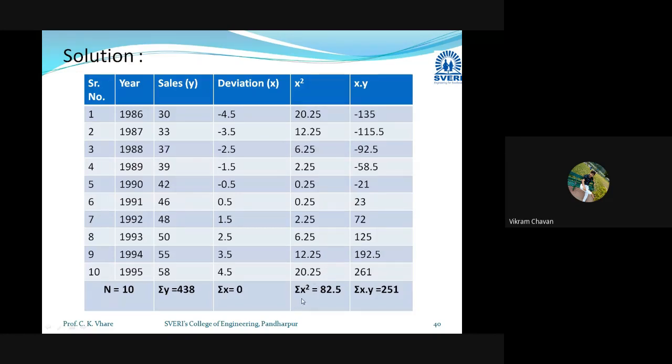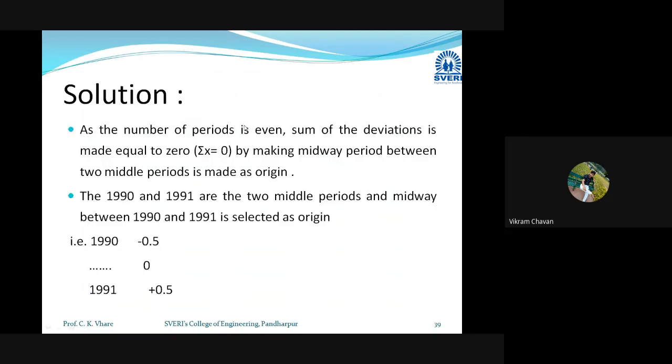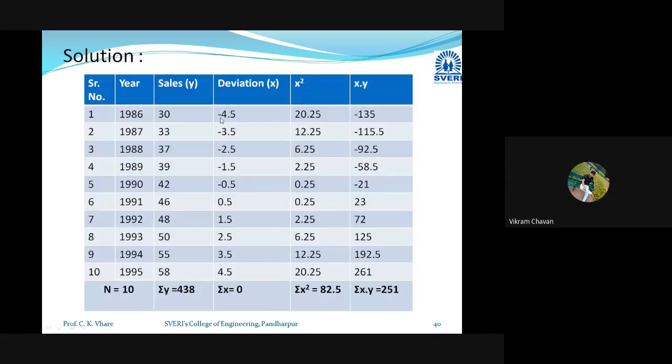Then at the bottom we have to write the summation of x square. So summation of x square becomes 82.5. Then the multiplication of that particular deviation and the sales value, that is nothing but x multiplied by y.